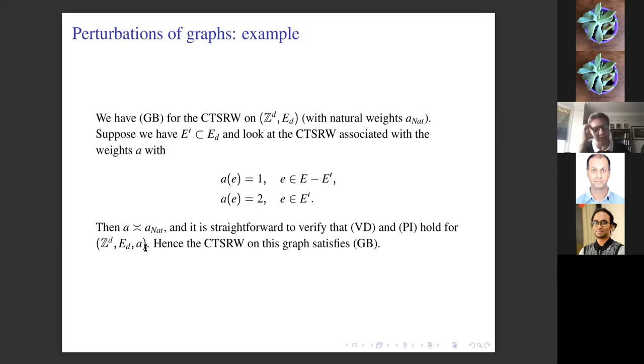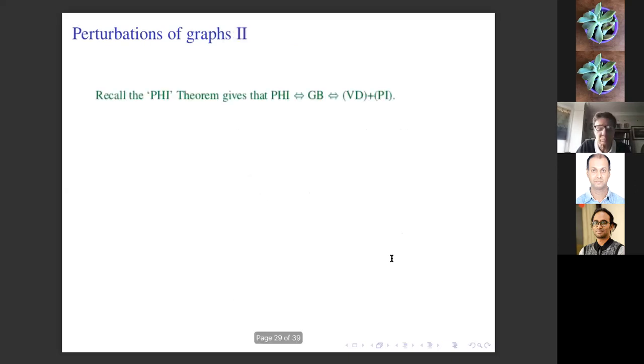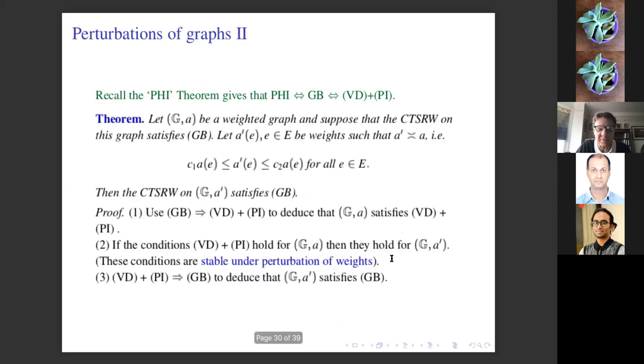We saw how to do it for Z^d, and the same arguments are going to show it for the new graph as well. And so the continuous time simple random walk on this graph satisfies these conditions, and so using the parabolic Harnack inequality theorem, it also satisfies Gaussian bounds. That's just reminding us what the PHI theorem says.